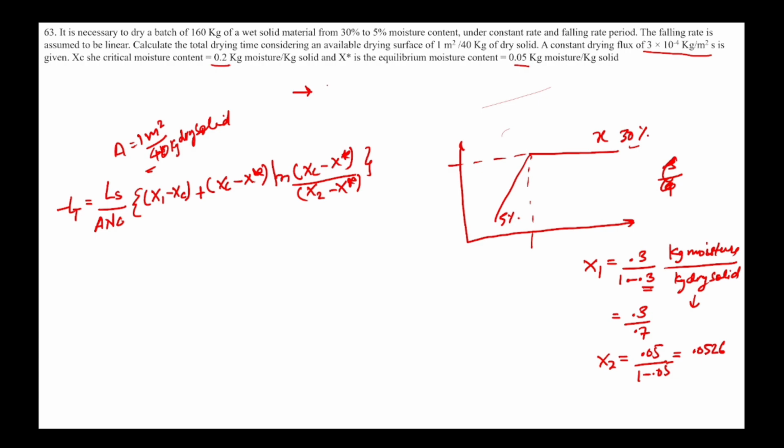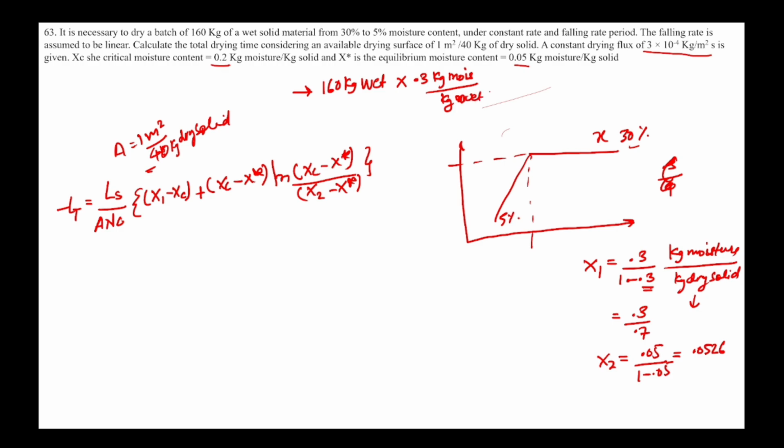First, calculate the moisture content: 160 kg wet solid into 0.3, the initial moisture, kg moisture divided by kg. Either it is wet solid because moisture is there, or mixture, moisture plus solid. So I will write mixture or wet solid.